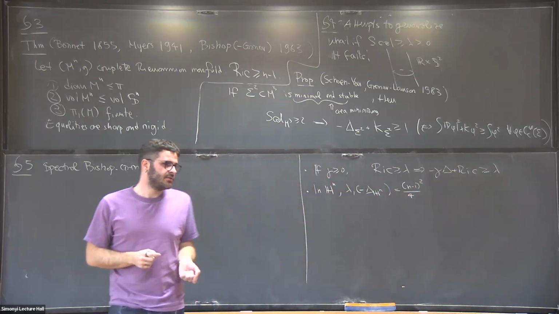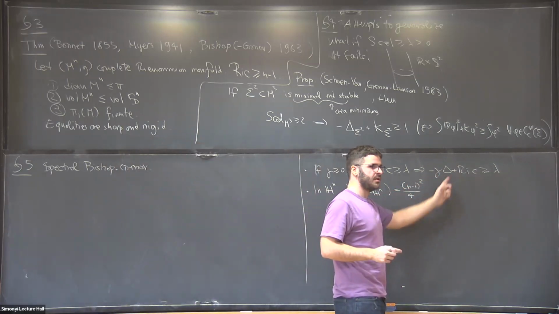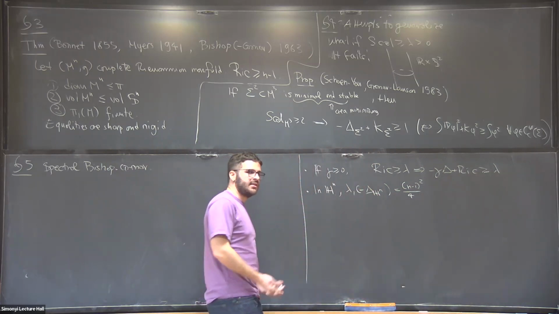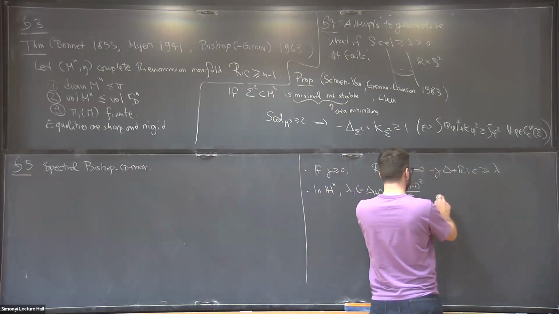So this now tells you that if you give enough power to minus Laplacian, the hyperbolic space in general becomes non-negatively or even positively spectrally Ricci curved.